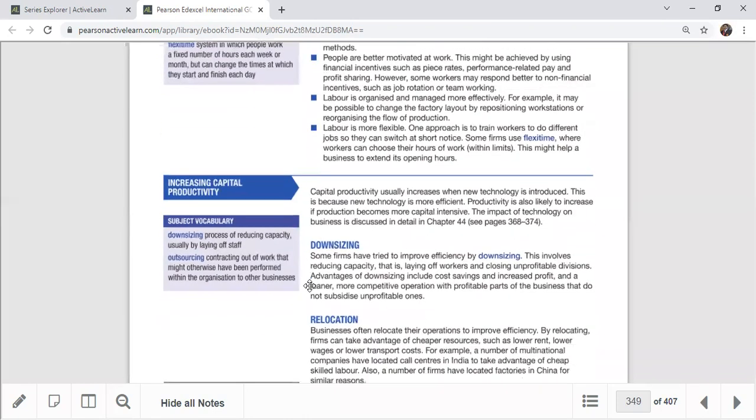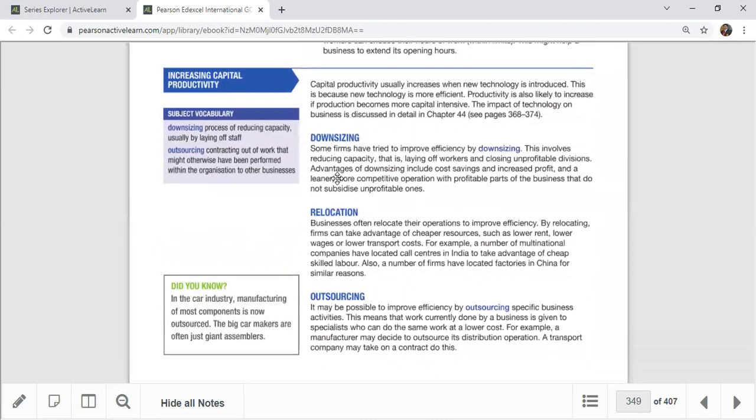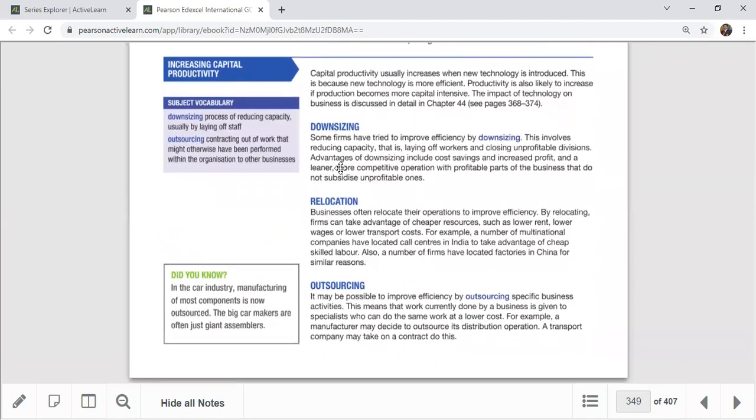After that, I talked about increasing capital productivity. We can improve capital productivity by introducing new capital and going for more capital-intensive methods. These are the two methods mentioned in this paragraph. This can be done by adapting new technology and capital-intensive methods. And there are other methods of improving productivity.